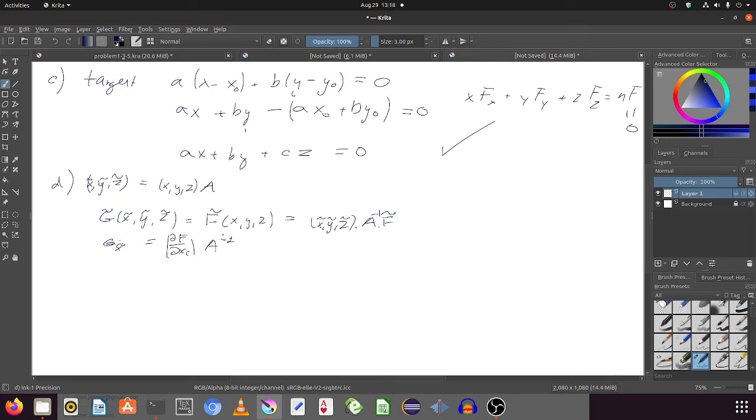That is the gradient of f. And we operate on it with the inverse of A.